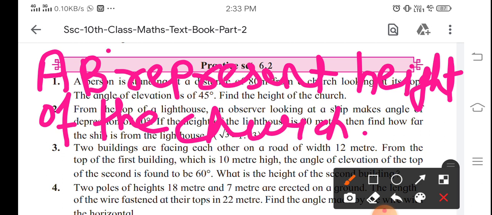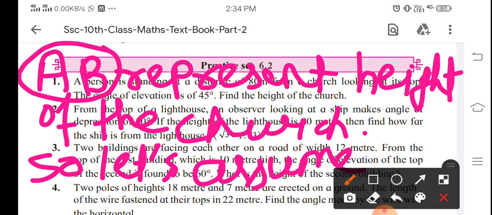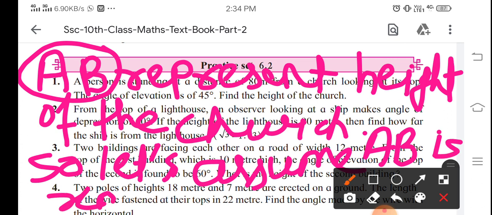So let's assume AB is the height of the church, and we'll assume this AB is X meters.